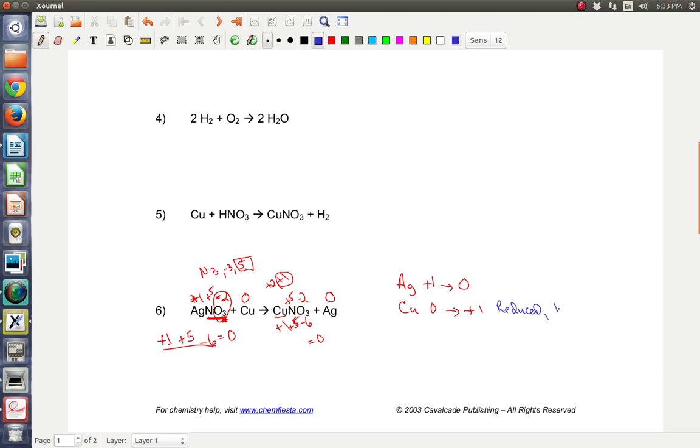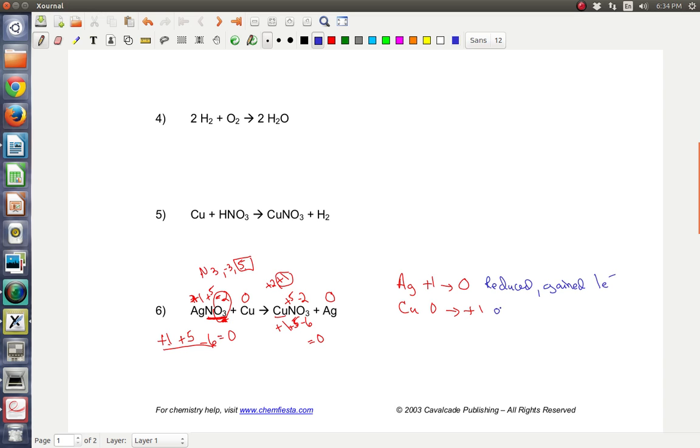No, this is not reduced. Silver is reduced. Whoops. Let's erase that. Silver is the one that went down. It went from a +1 to 0. That's reduced. So this is reduced, and it gained 1 electron.